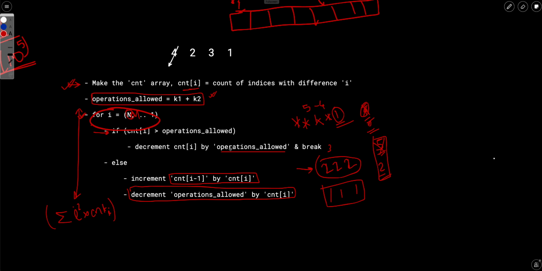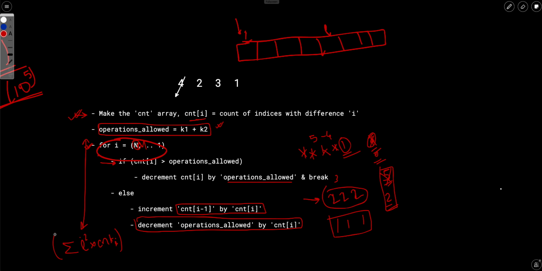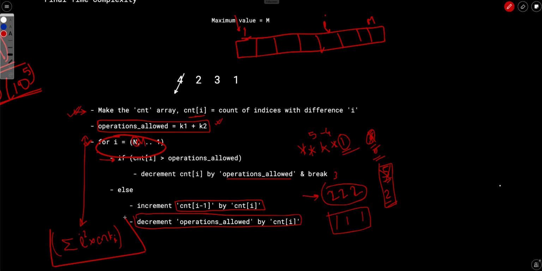And if operations allowed is 0, you will just break out from the loop, and finally you will output this, because count of I denotes how many differences are there with value I. So let's say there are three numbers which have difference I. What you will be getting as the answer is I square plus I square plus I square. So that's where we are summing up all I square into count of I.